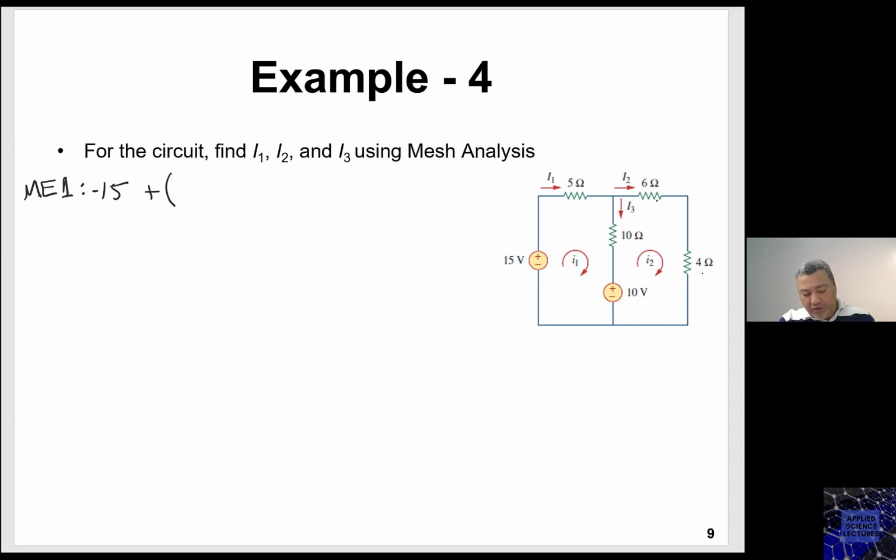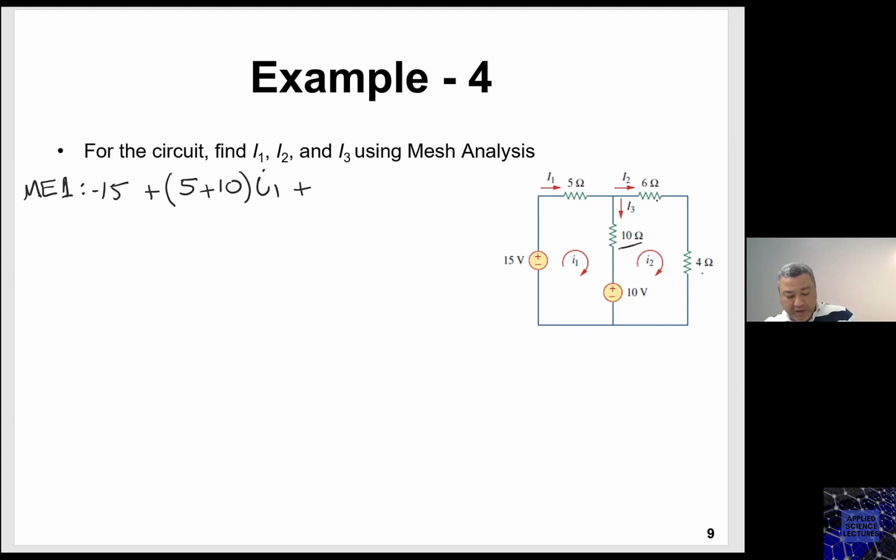Right away, add all the resistors that I1 is going through: 5 plus 10 ohms. This is I1. And then plus I3 times 10 ohms. Is it plus I3? Are I1 and I2 going in the same direction or opposite direction in the 10 ohm?